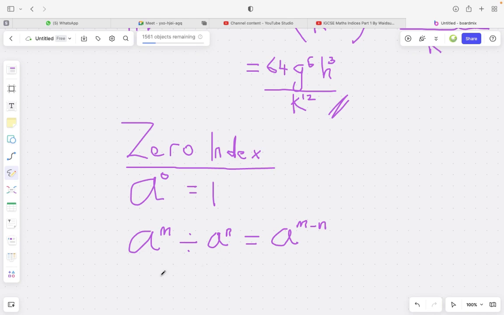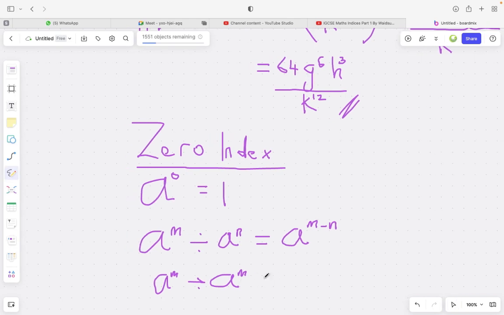We have a to the power of m divided by a to the power of m. So in this case, it will be a to the power of m minus m.